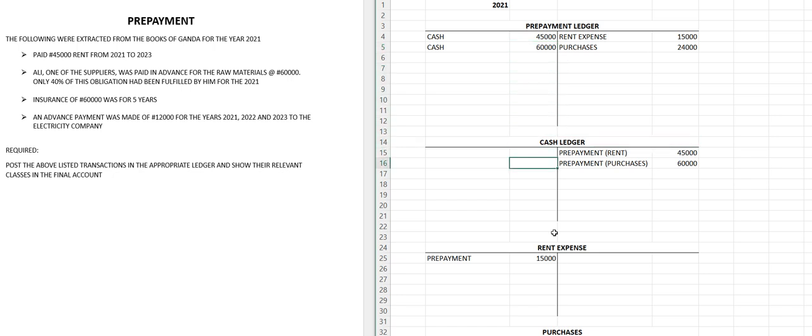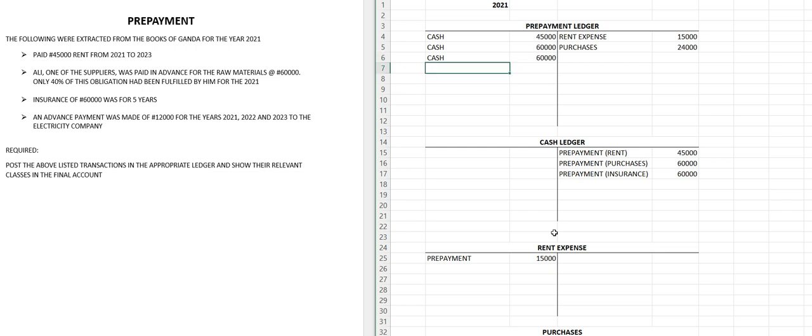So cash is giving prepayment 60,000. Okay, so you now give it to prepayment, cash 60,000.